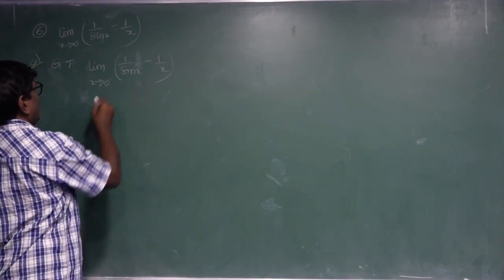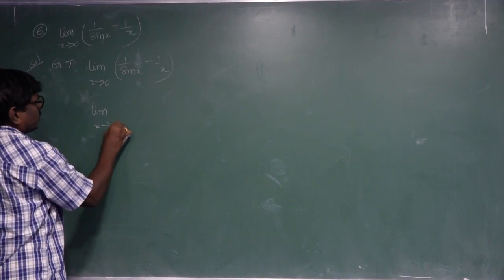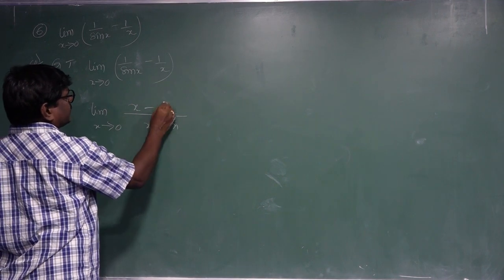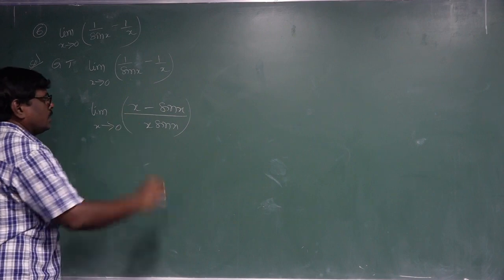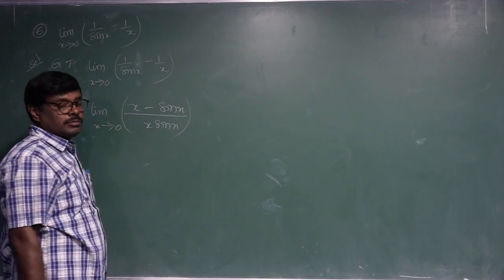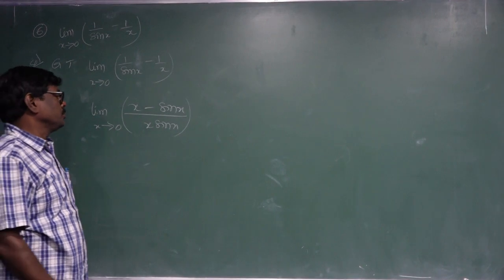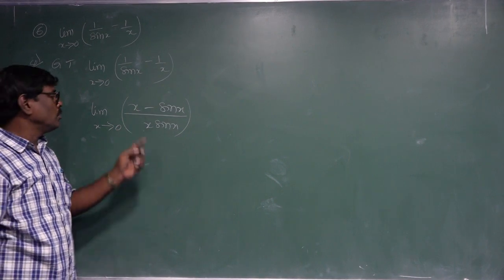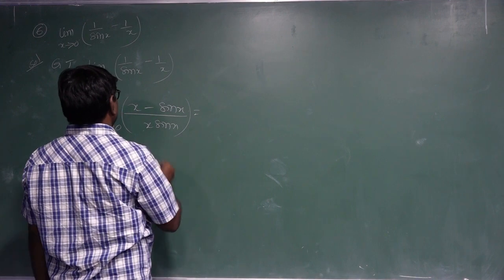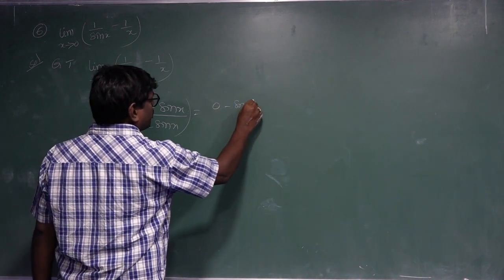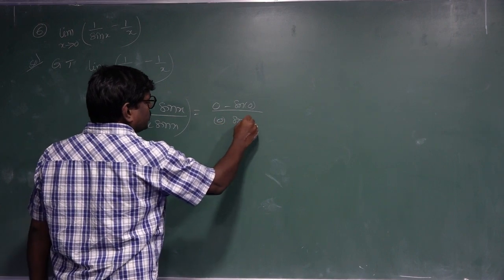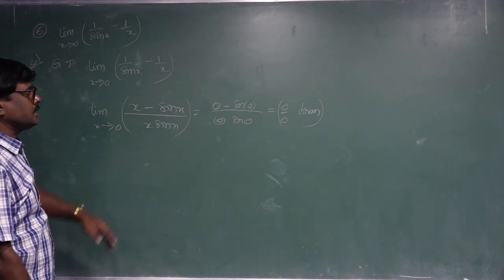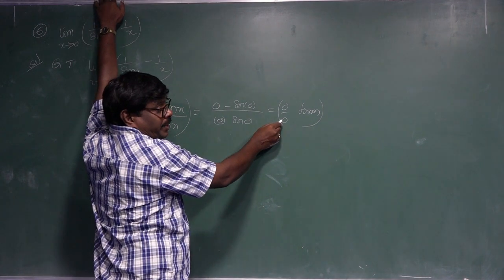The LCM is x sin x. Directly applying the limit, substituting x equal to 0: sin 0 minus 0 by 0 into sin 0, which is 0 by 0 form. 0 by 0 form value is an indeterminate form.